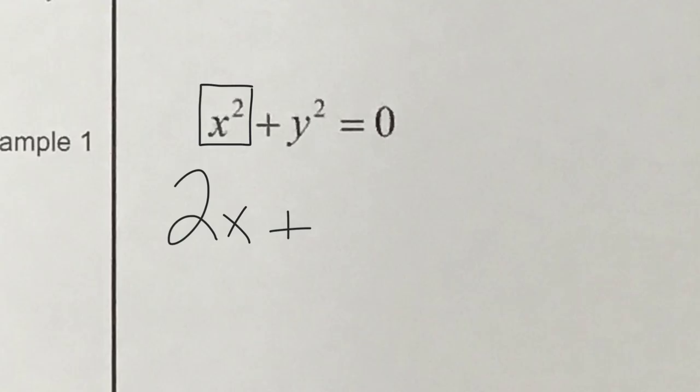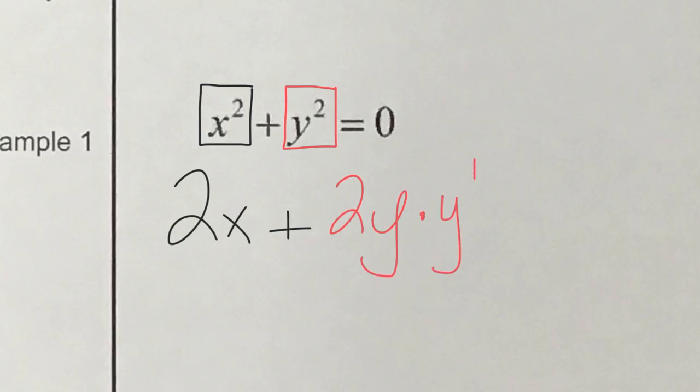Plus the derivative of y squared with respect to x. So notice there's not an x term involved. But what's the derivative of y squared? That's 2y. But because we took the derivative and there's no x, we have to add this y prime or this dy dx. And of course, the derivative of a constant is still 0, so that's still 0 on this side.